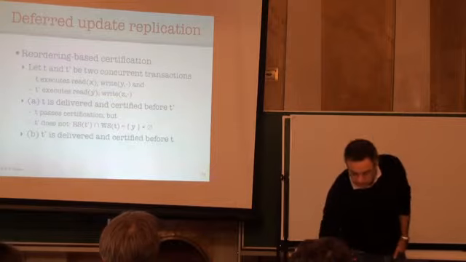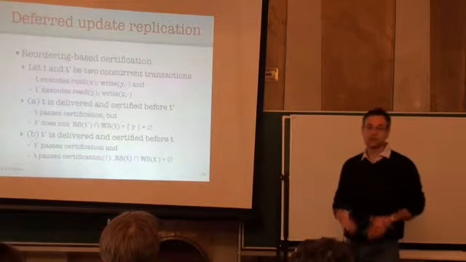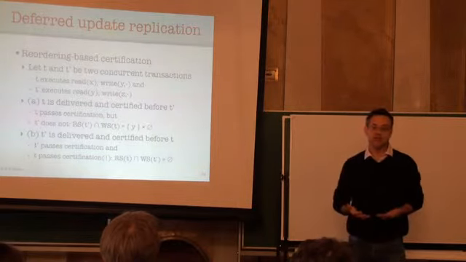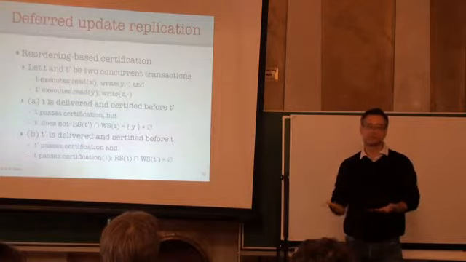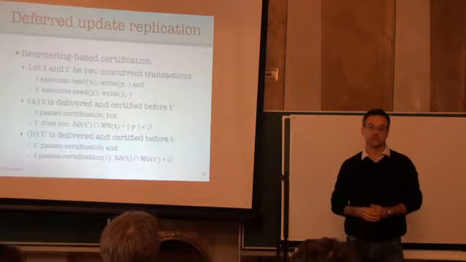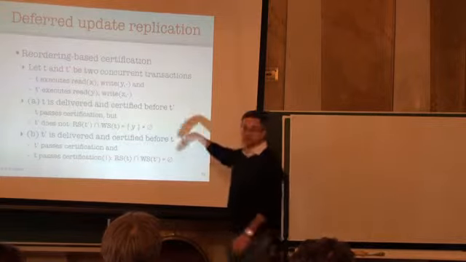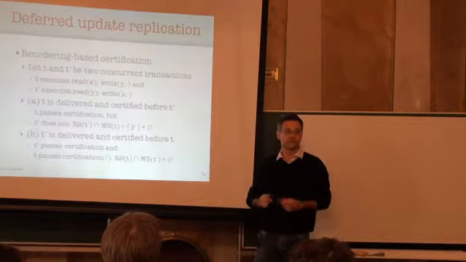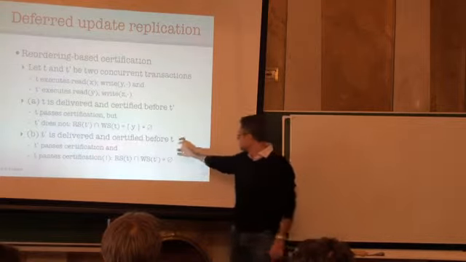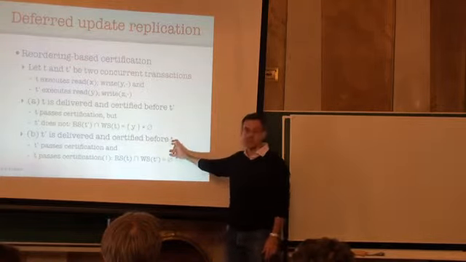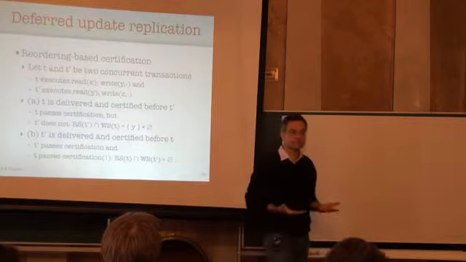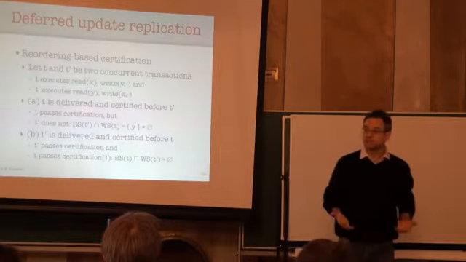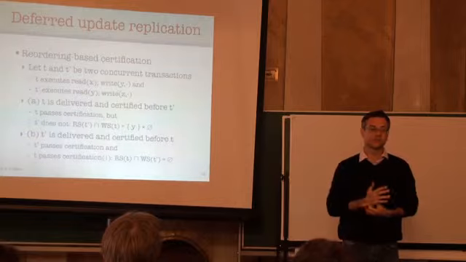So what this shows is that depending on how these transactions are delivered, I may have more transactions committing or fewer transactions committing. If a transaction is aborted, it has to be re-executed. We assume that the client really wants to commit the transaction, so it has to re-execute it. But the number of transactions that pass the certification test depends on the order in which these transactions are delivered.